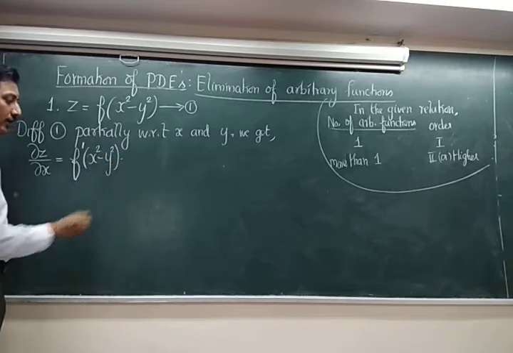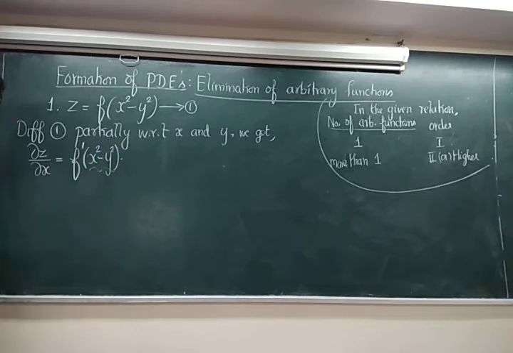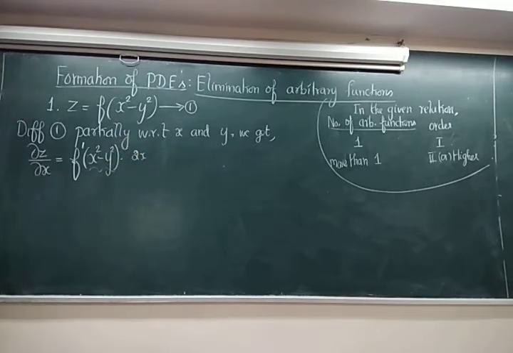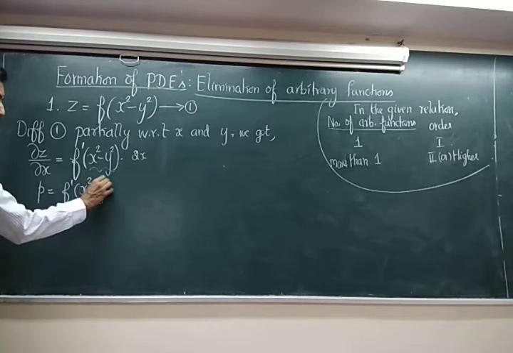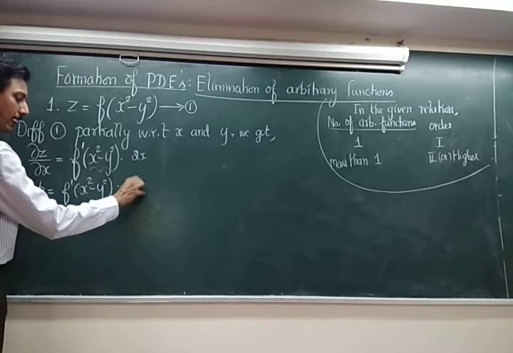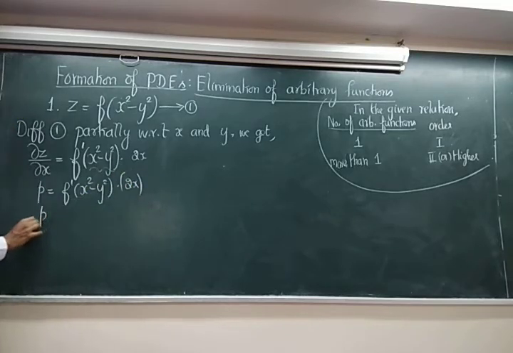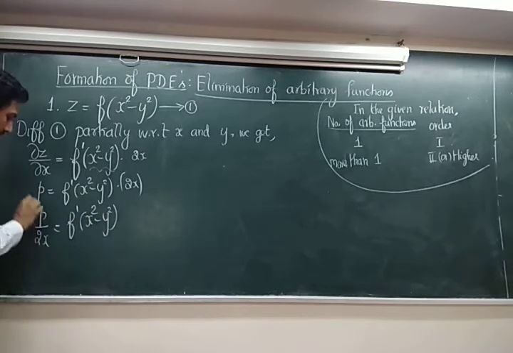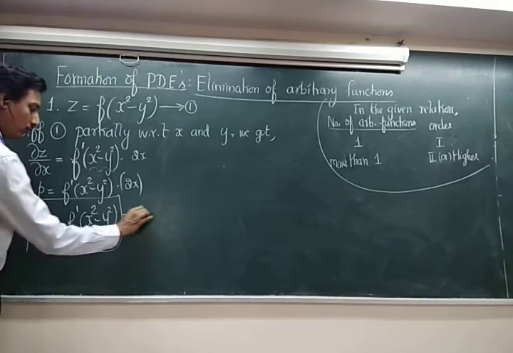By using the chain rule, differentiating this with respect to x, we get 2x. The left hand side is p. So p is equal to f dash of x squared minus y squared into 2x. From this, p by 2x is equal to f dash of x squared minus y squared. So this is the equation number 2.